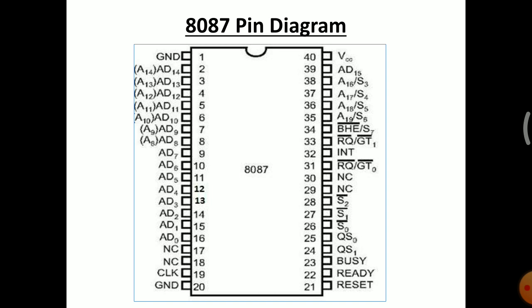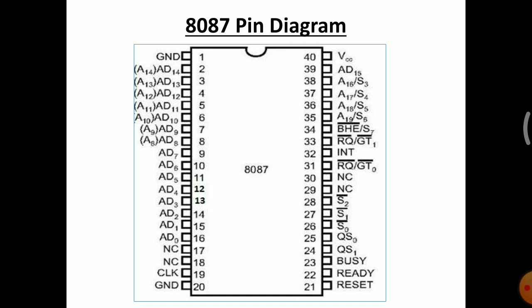These status pins will have fixed values, that is S3, S4 and S6 will be permanently high, whereas S5 will be permanently low. That is the requirement of the math coprocessor.